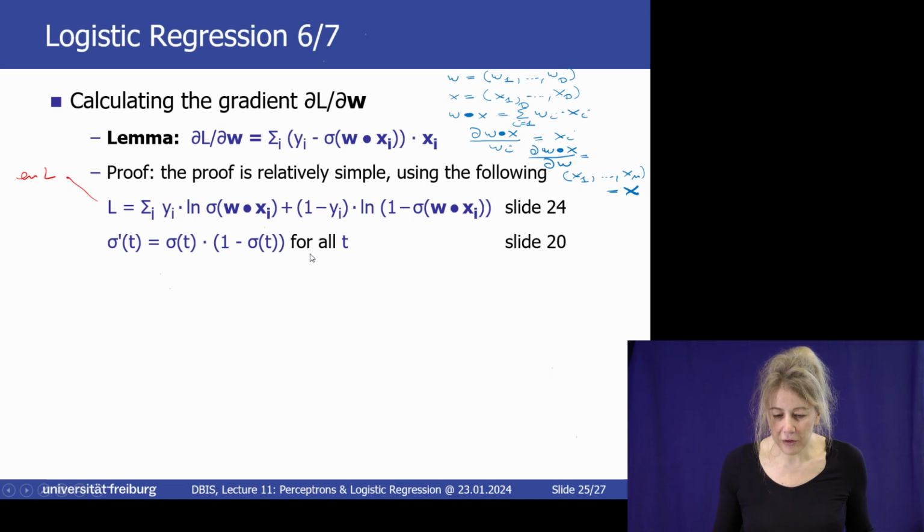Here, we have already established, we have even proved it, the derivative of the sigmoid is this. We want to compute derivatives here, we have the sigmoid, we certainly need the derivative of the sigmoid because of chain rule, and this we have just proven.